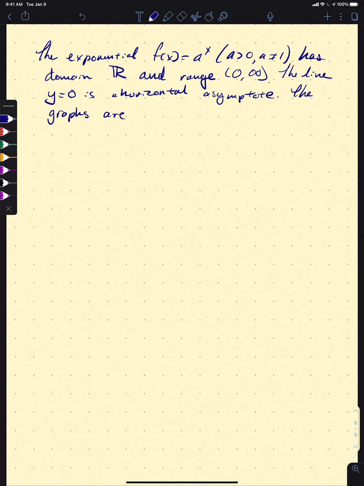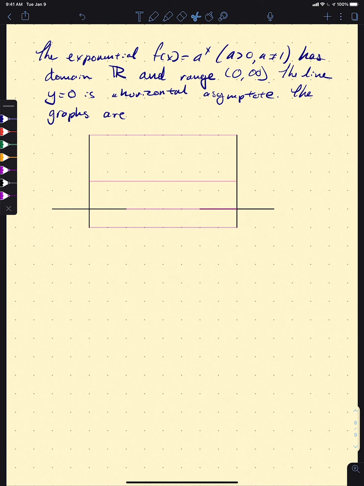And we can say that the graphs are as follows, okay? So I'll break this up into two cases. We'll have that be one of them, and we'll paste our axes right there for the second. Let's look at what happens when a is greater than 1. That looks like what we saw before, right? Remember that anything to the 0 is 1, so (0, 1) is always going to be a point on the graph.